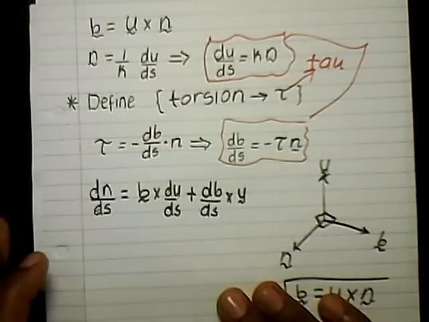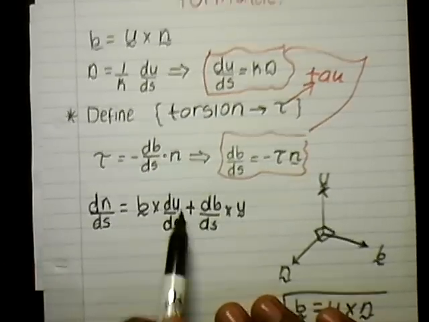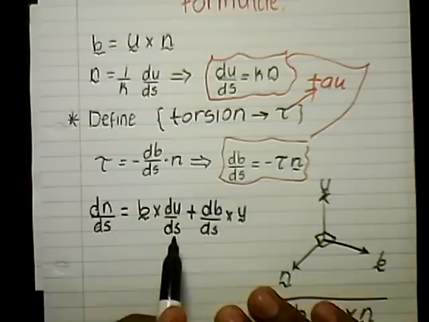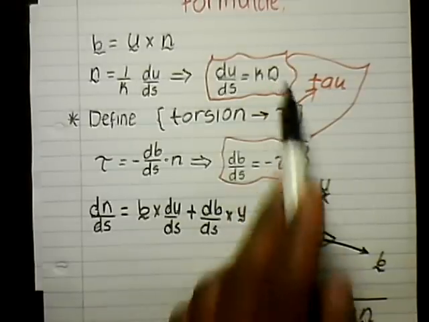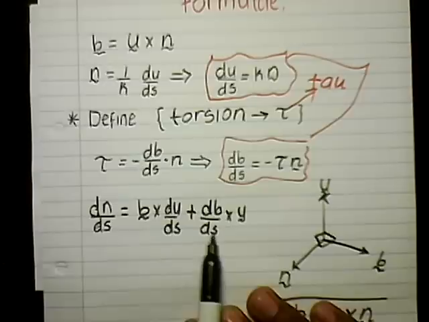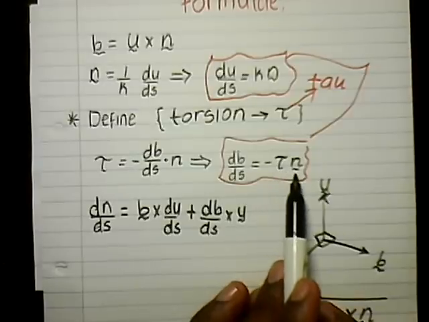Now having that, we can represent the u ds by k multiplied by the normal vector, and represent the b ds by negative tau multiplied by the normal vector.